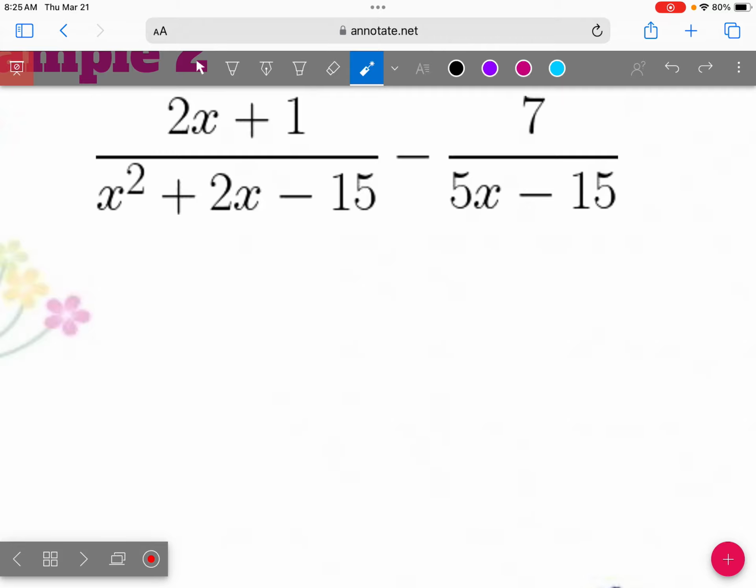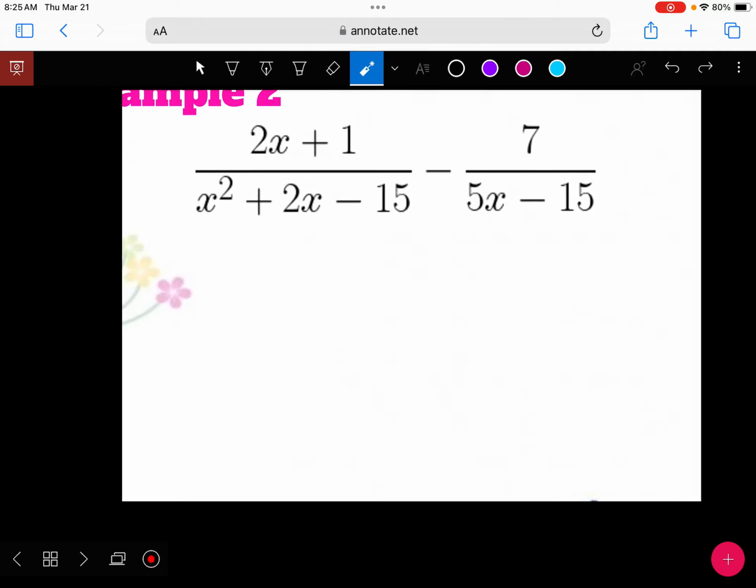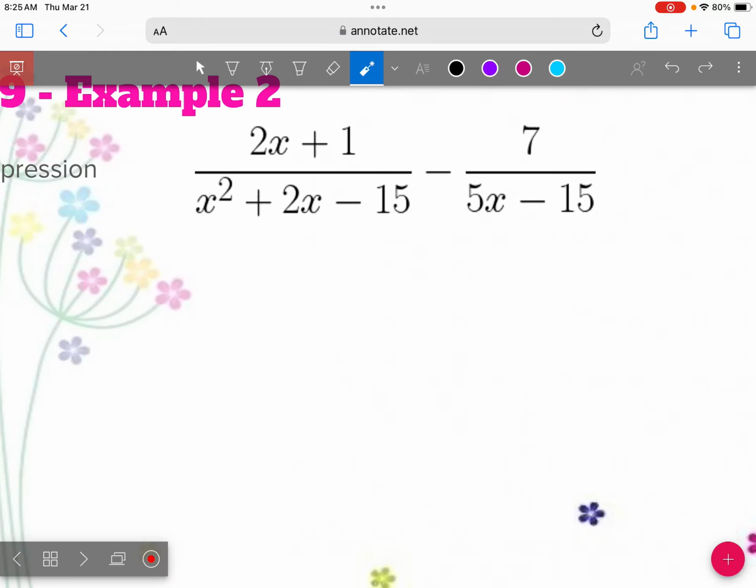So my first step needs to be to get this into factored form in all the denominators, because I don't know what pieces are missing if I don't know what pieces are there. So we need to put this into factored form first.